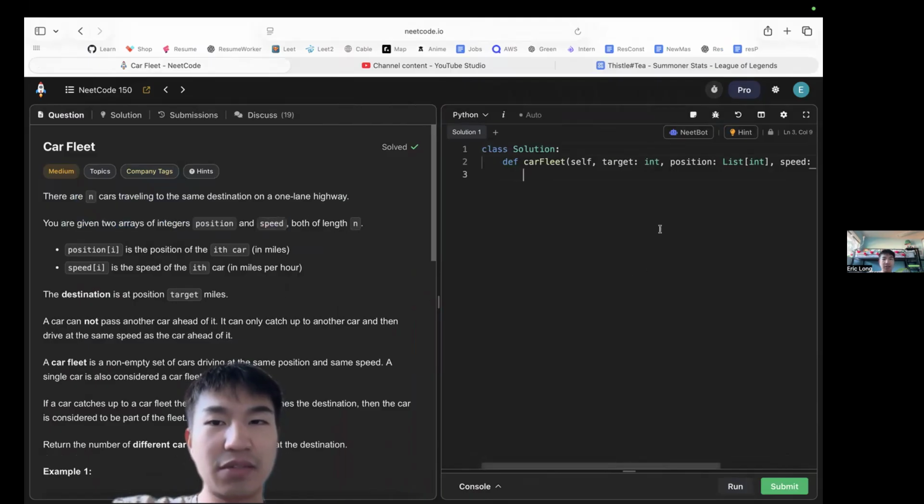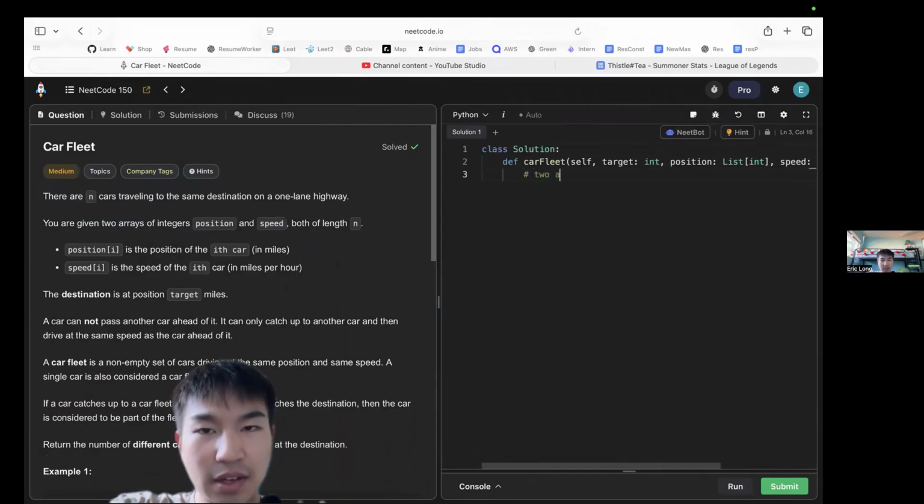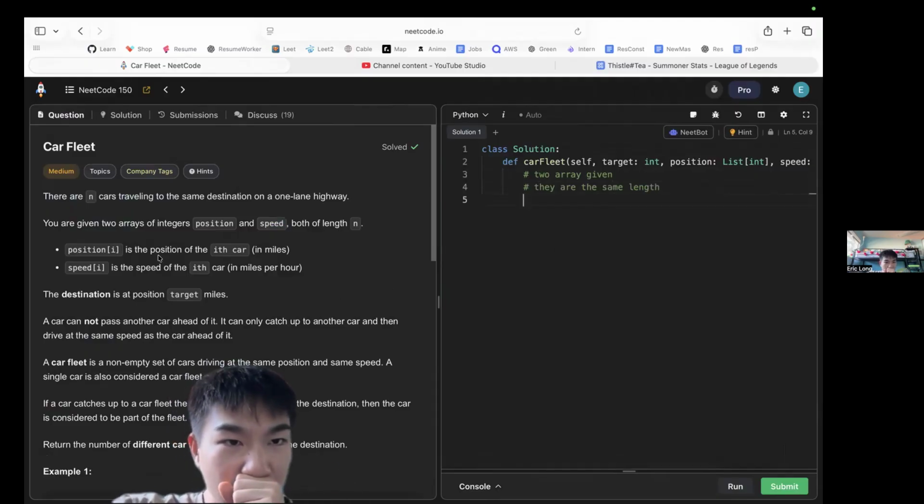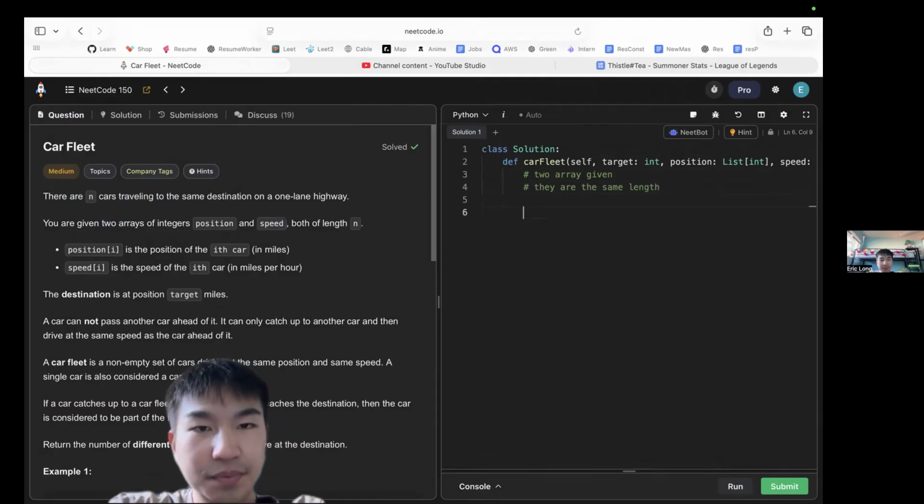So we know we're given two arrays, and they are the same length. Position i is the position of the ith car.